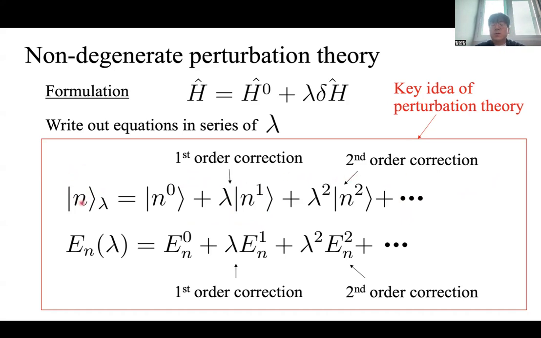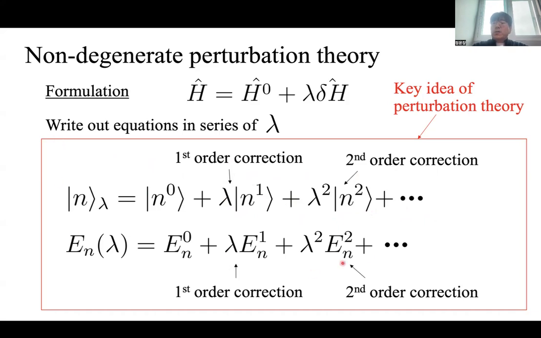The same thing is going to happen here. The more order corrections that I get, the closer I get to the actual answer. People will typically consider up to second order corrections because that already gives you a lot of information, and it gets harder and harder to calculate more and more order corrections, as we'll see shortly.